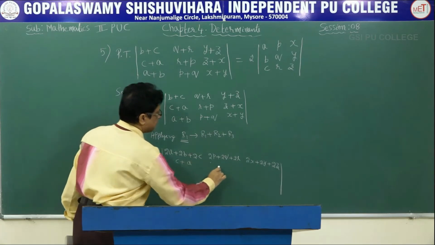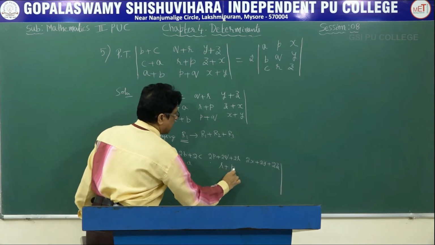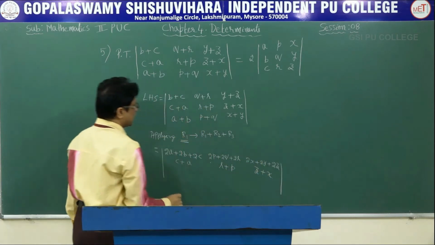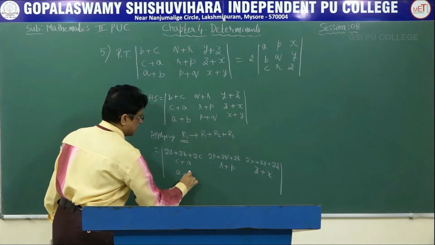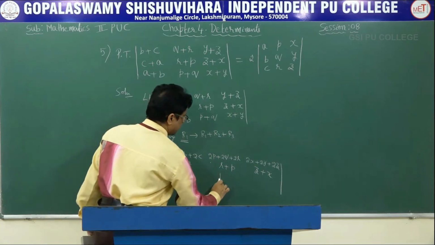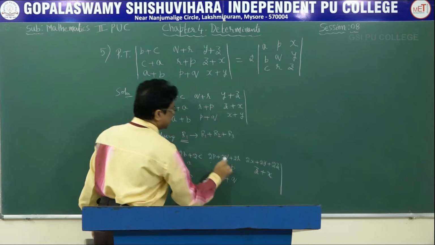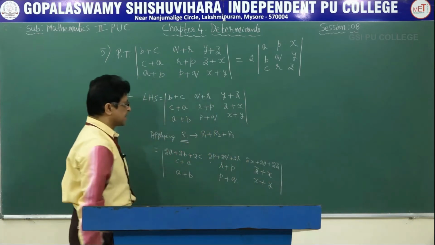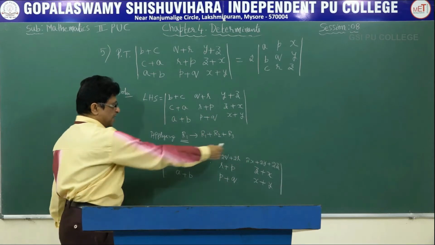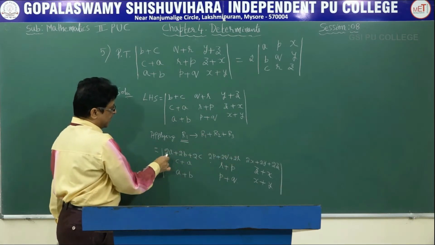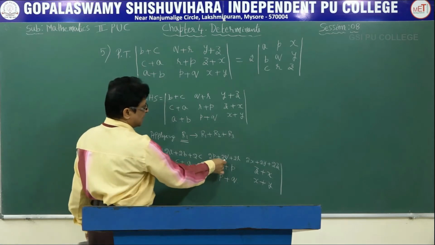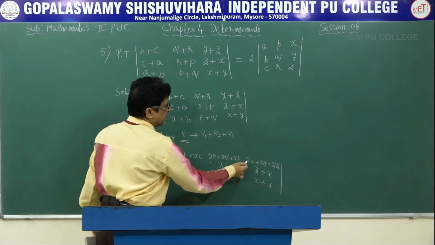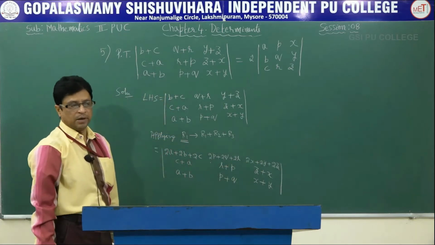C plus a, r plus p, z plus x, a plus b, p plus q, x plus y. So, in the first row, in the first element, we can take 2 common. Similarly, in the second element, 2 we can take common, and the third element also you can take 2 common.